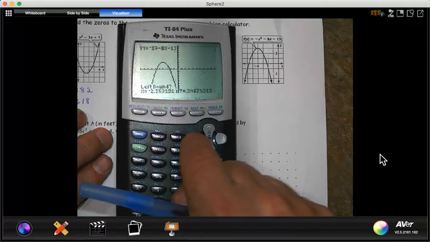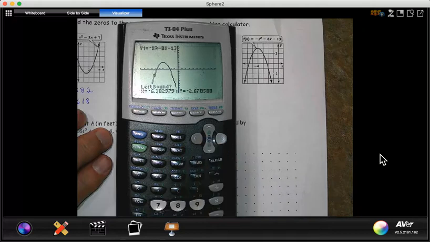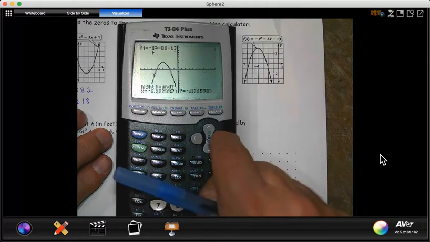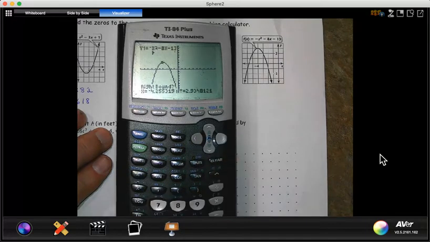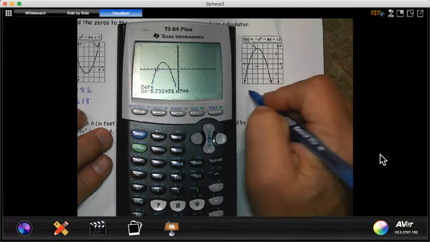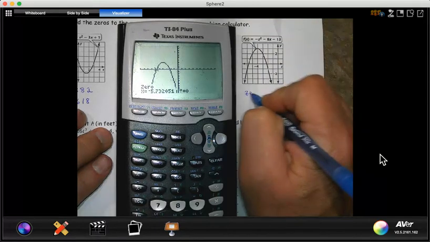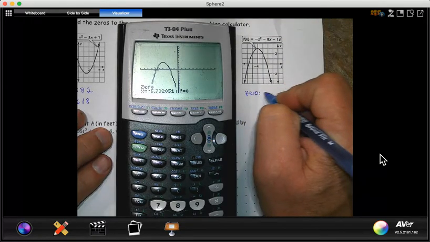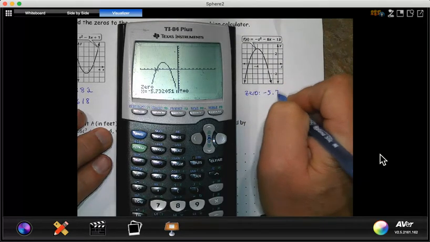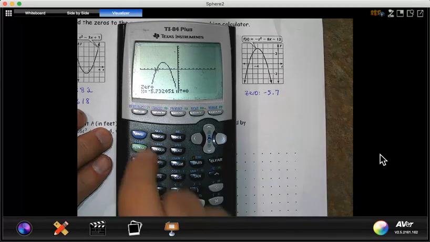There it is, way over here. Enter. Move the cursor to the right. Enter. And enter. So my first 0 is at negative 5.7.